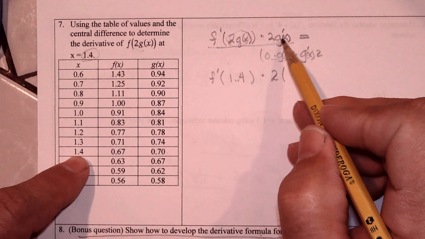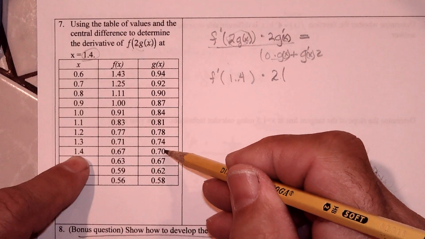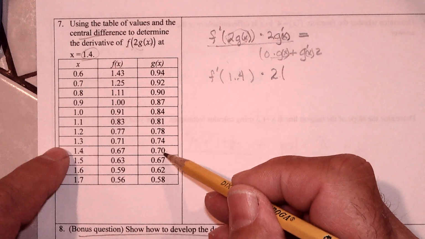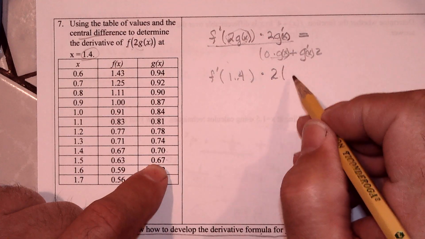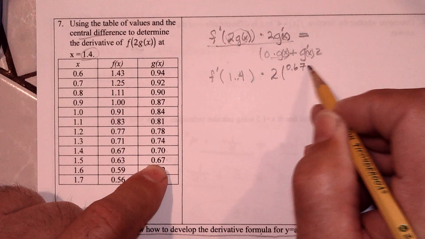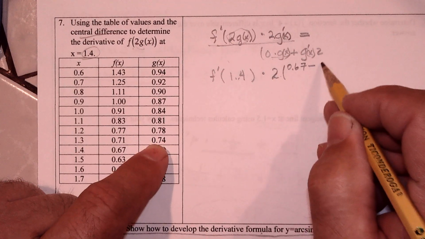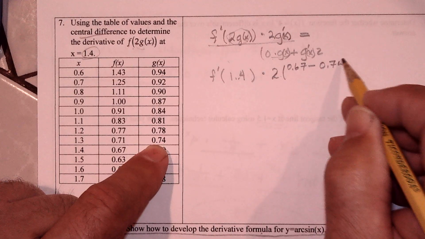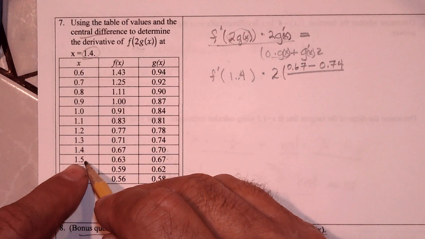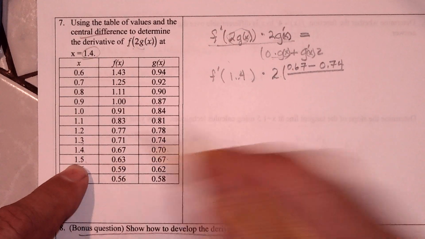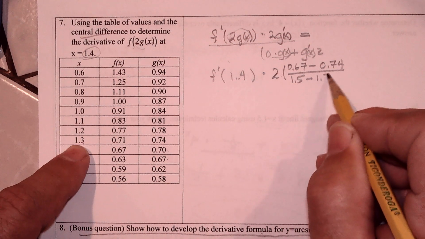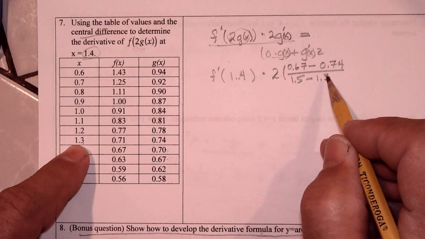The slope of g. So we go to g and use the central difference theorem, which means we take just past it, 0.67, minus just before it, 0.74, over the change in x, 1.5 minus 1.3. That's just after 1.4 and just before.